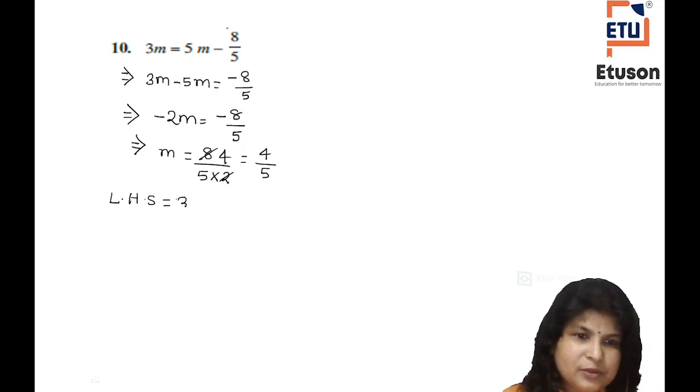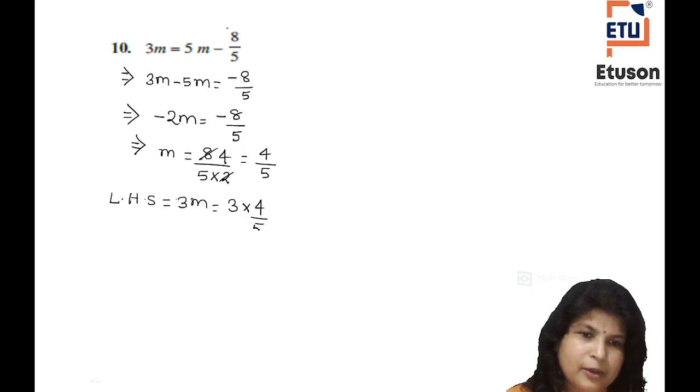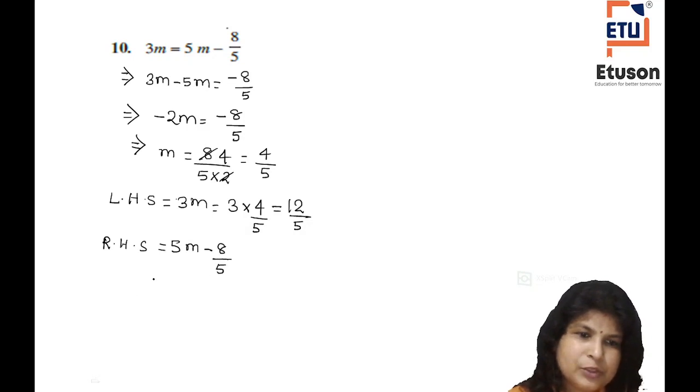So 3m, that is 3 into 4 by 5. So you are getting 12 divided by 5. What about your RHS? Your RHS is equal to 5m minus 8 by 5. Now you put m is equal to 4 by 5.